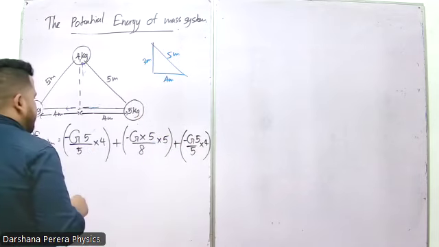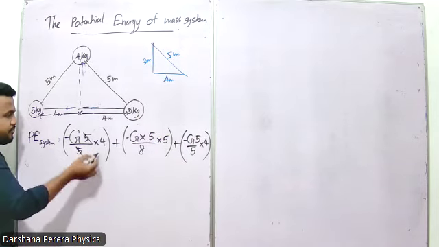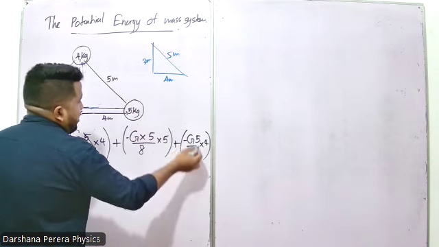So this is the value. Okay. This and this cancel out, this and this cancel out.